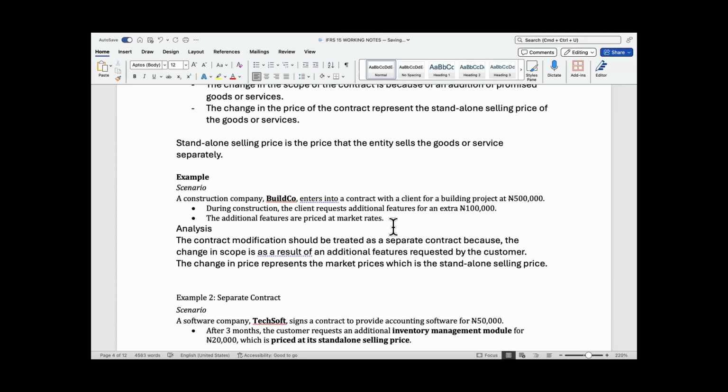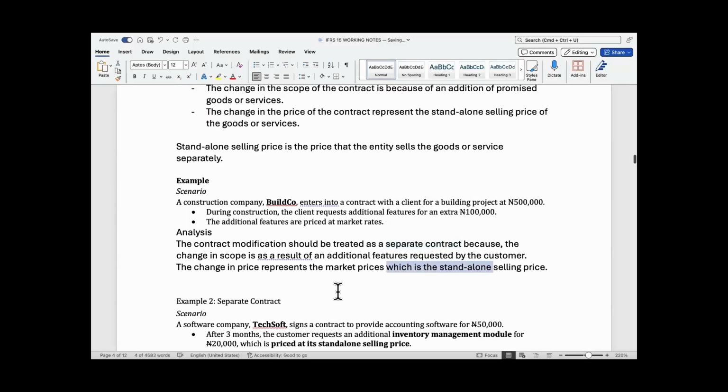So we are going to see that modification as a separate contract on its own, because the additional features were at market rate, so they represent standalone selling price.